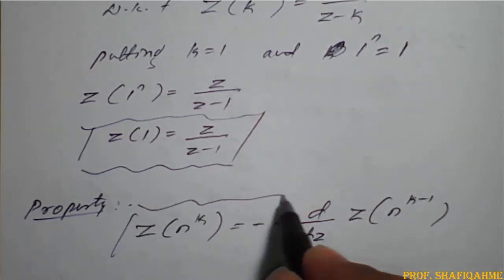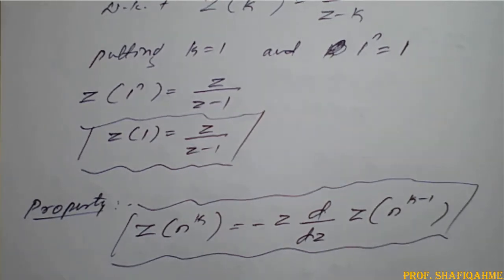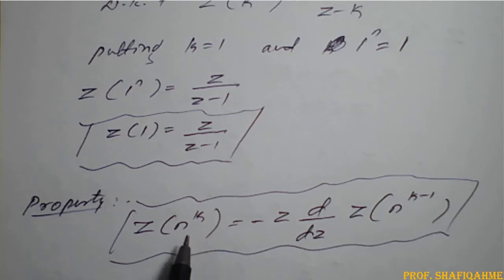This property you need to remember for a few more standard results. That is, the Z transform of n raised to k is nothing but minus z into d by dz of the Z transform of n raised to k minus 1.